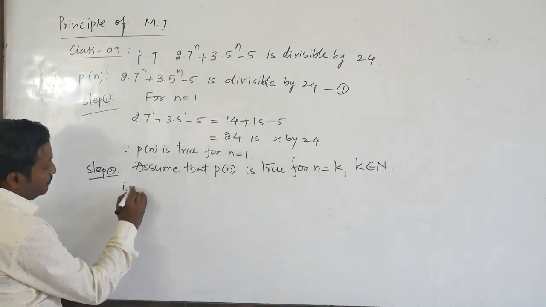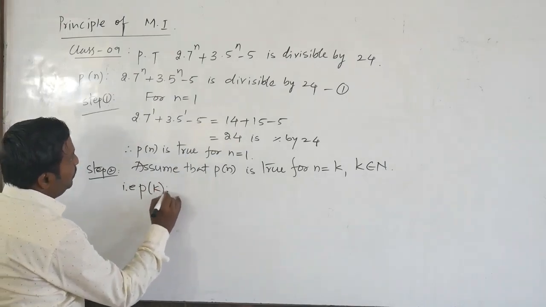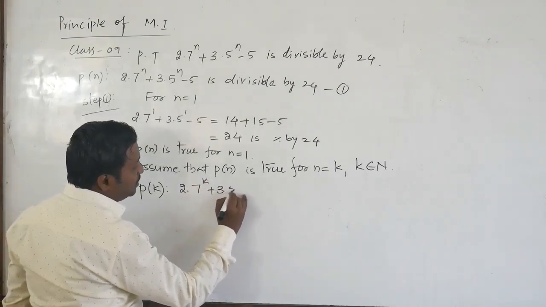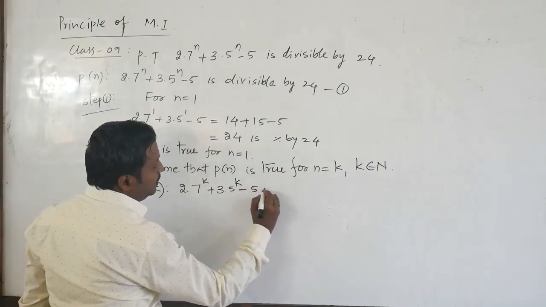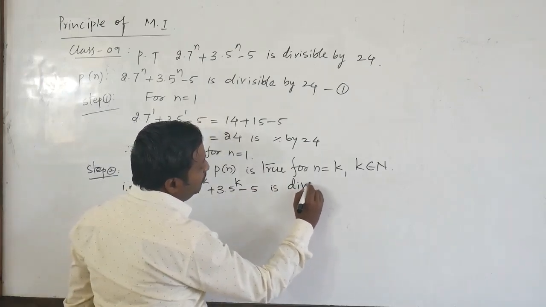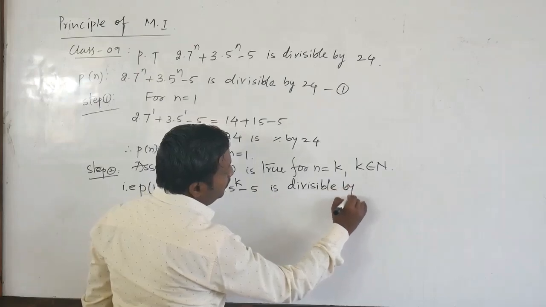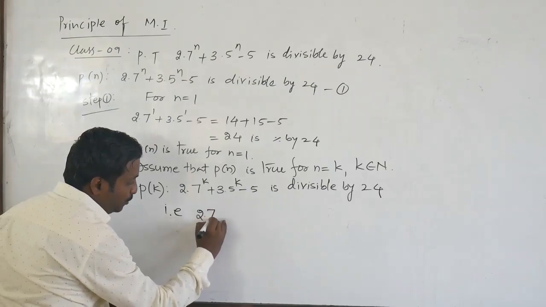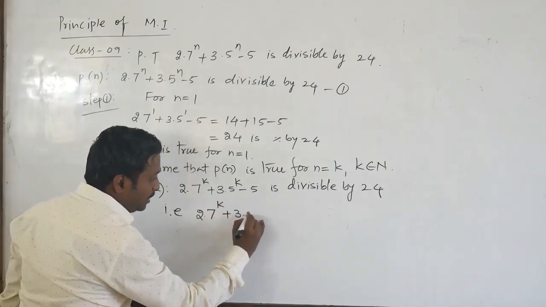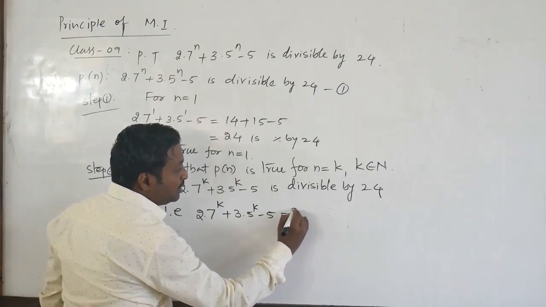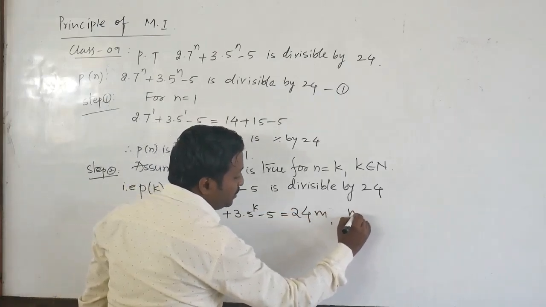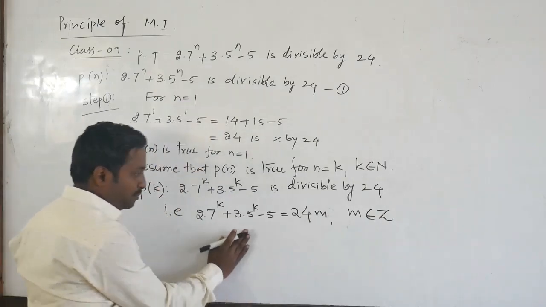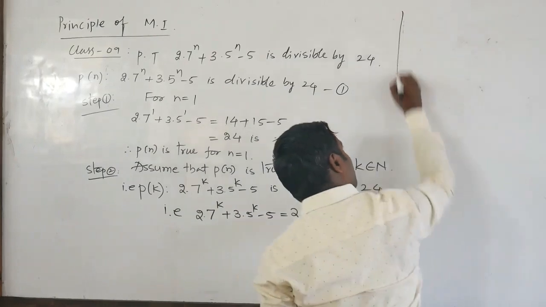That is, P of k: 2 into 7 raised to k plus 3 into 5 raised to k minus 5 is divisible by 24. That is, 2 into 7 raised to k plus 3 into 5 raised to k minus 5 is equal to 24 into m, where m is an integer. So this is the main point.